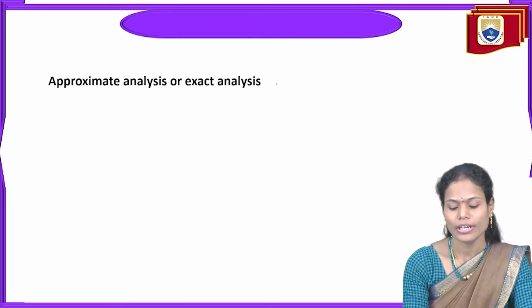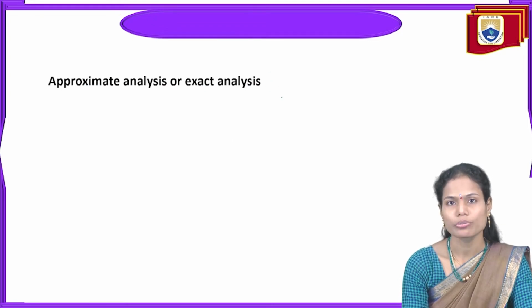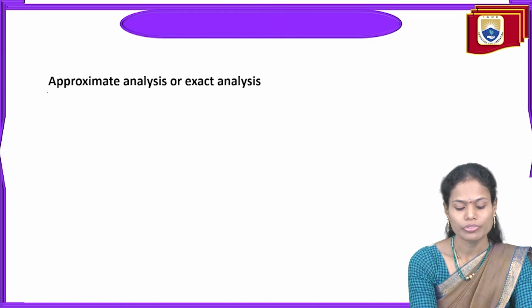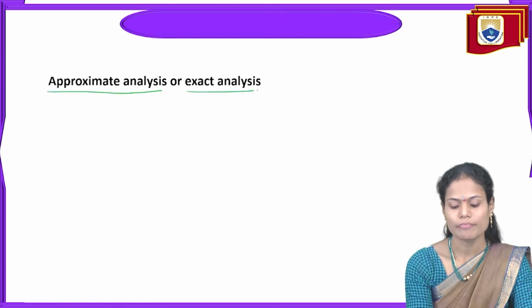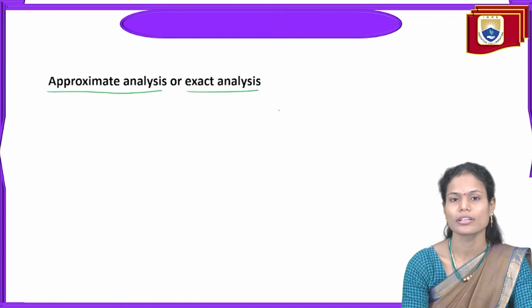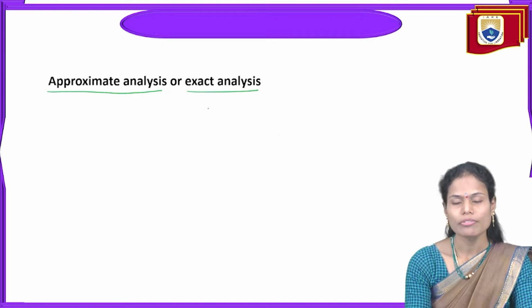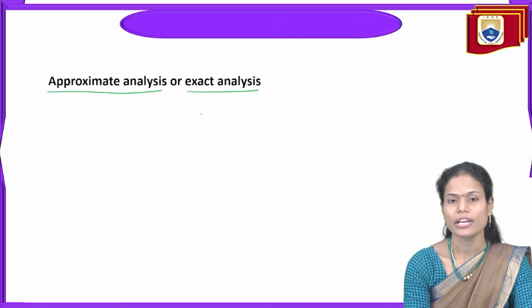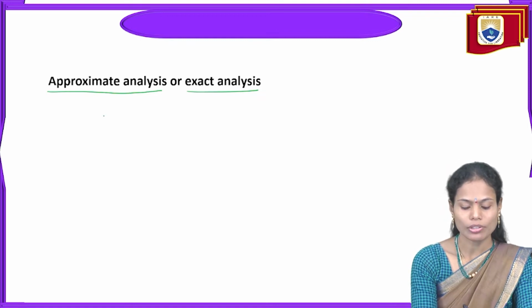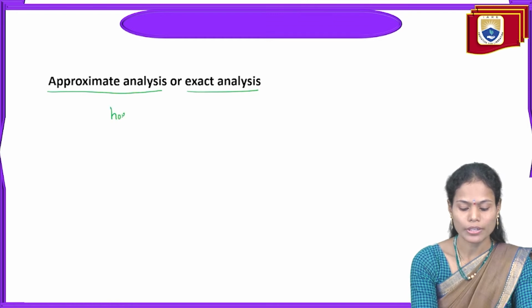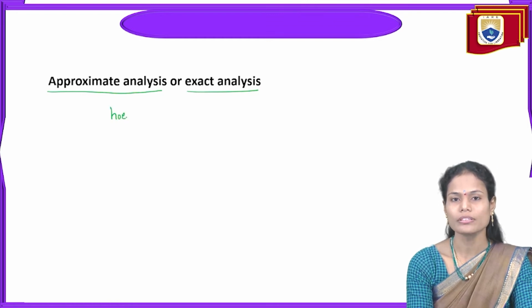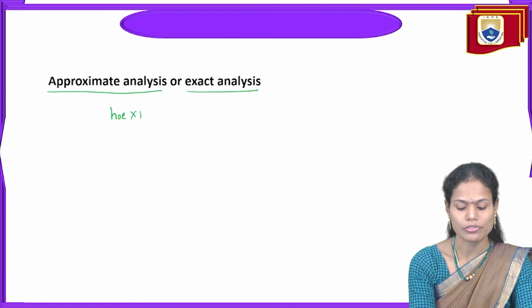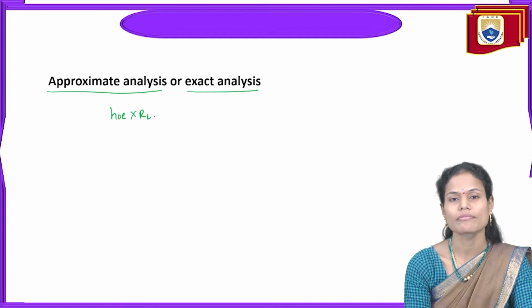And while analyzing the given circuit, we can analyze the circuit in 2 ways: approximate analysis or exact analysis. So when do we go for the approximate analysis and when for the exact analysis? To check that condition, I am taking the output admittance of the transistor and the load resistance of the transistor.